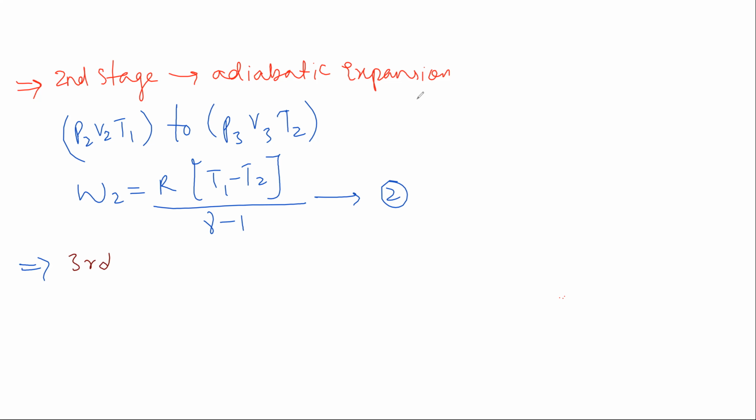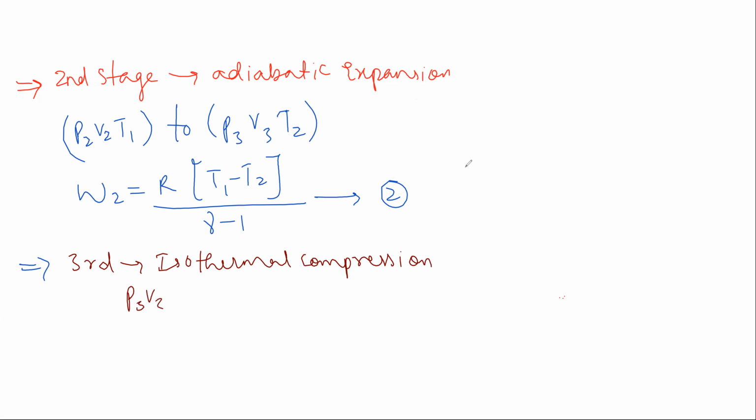In the third stage, isothermal compression, 1 mole of gas is taken from P3 V3 T2 to P4 V4, with temperature maintained at T2.